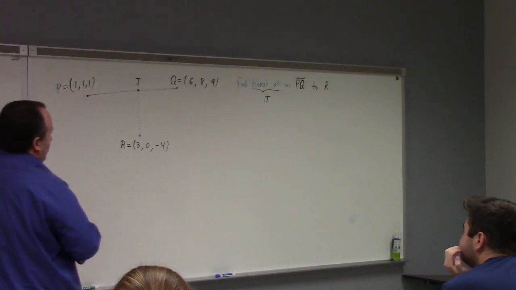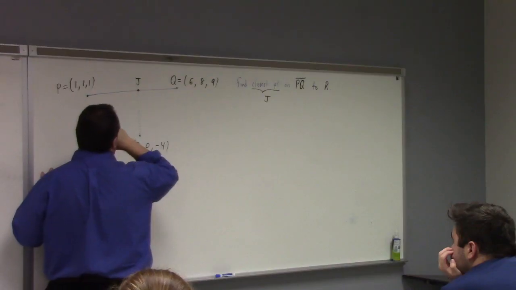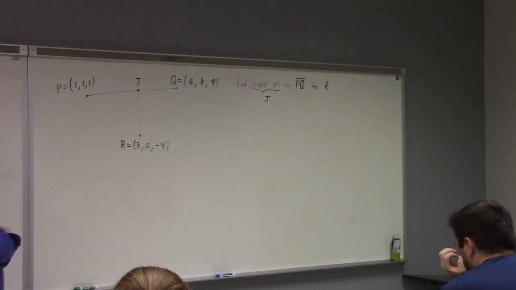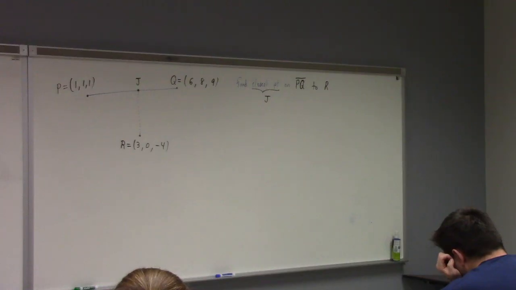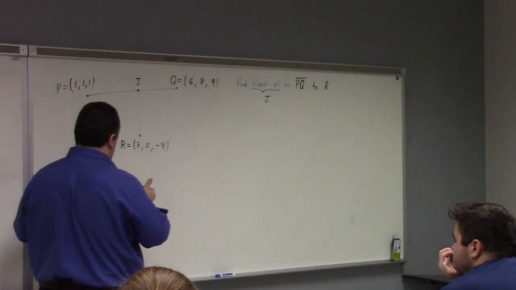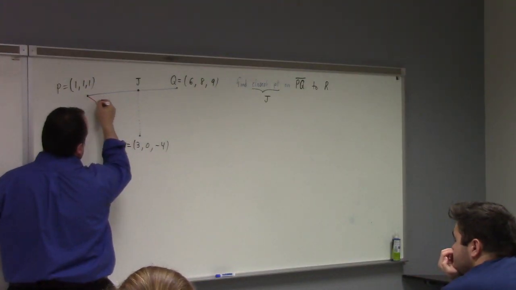I've drawn the point as if it's the closest point. But if we take an arbitrary point, geometrically it should be evident that we want that to be a perpendicular. How do I find that point? Well, the way I usually do it, and there are various ways, is I think about this vector here.